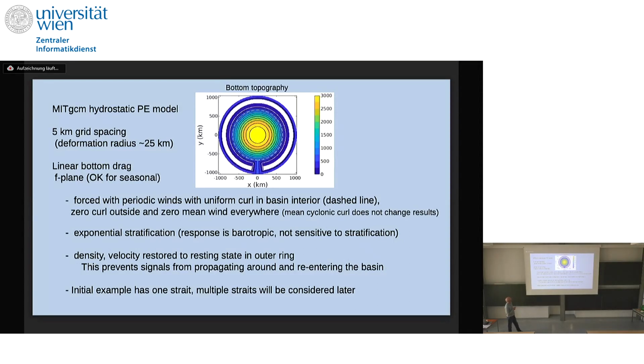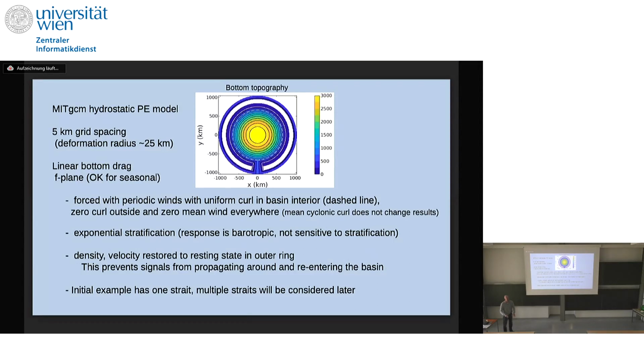The model has 5-kilometer grid spacing. It's a hydrostatic primitive equation model, so I'm integrating momentum equations and a density equation. It's forced with wind stress at the surface. I have a linear bottom drag at the bottom. It's an f-plane. I talked about why that's okay for this region. Now the wind stress is designed very specifically so it's got a uniform curl within that dashed line.